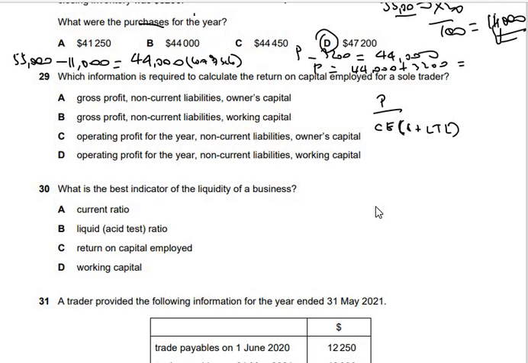If you're looking at the return on capital employed, we don't use the gross profit. We're talking about the profit for the year. So it's operating profit, non-current liability, and owner's capital. So the answer is C. Not working capital, but owner's capital.